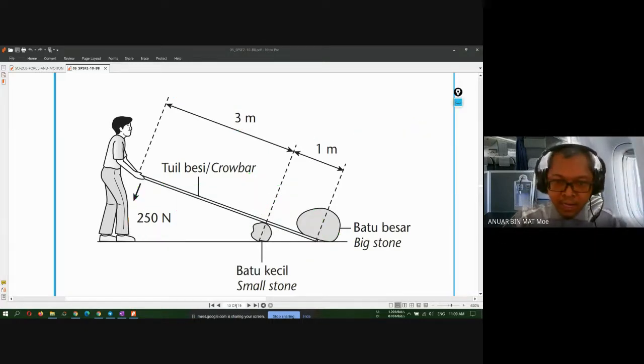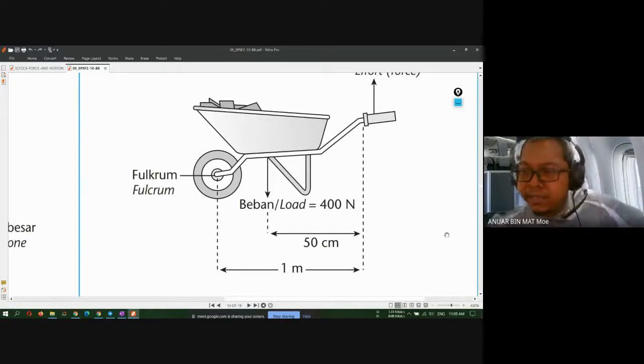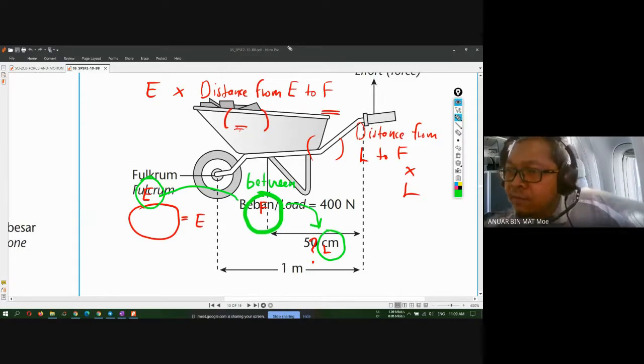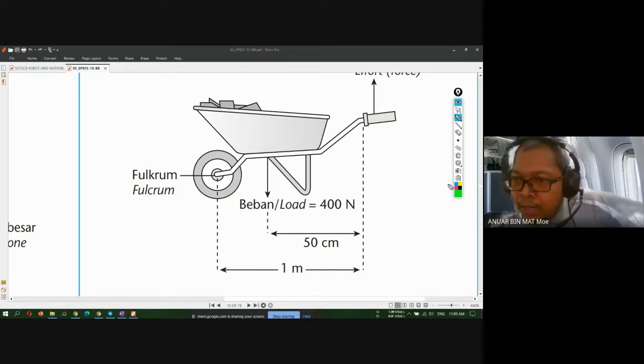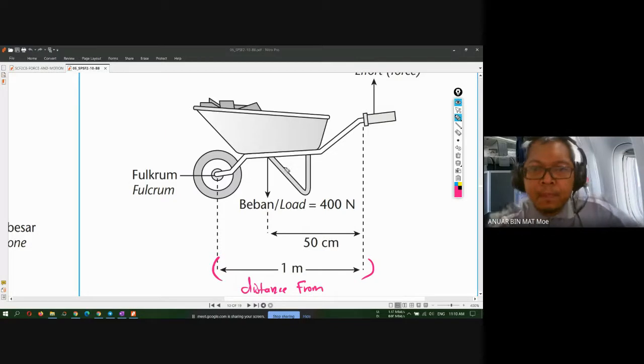Okay, how about the next question? Again, same formula, but a different class of lever over here. This distance is from where to where? Identify the parts of the lever first.